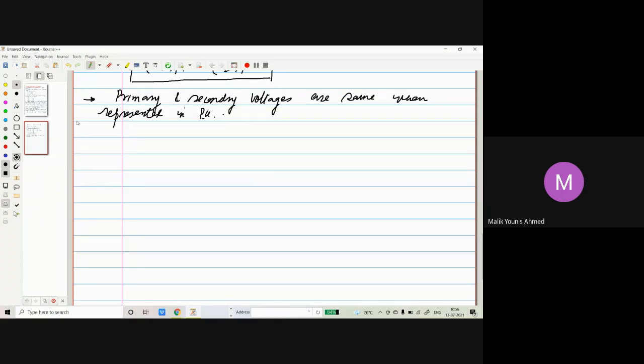Next is primary side current in per unit. So next expression, for the current: primary side current in PU.